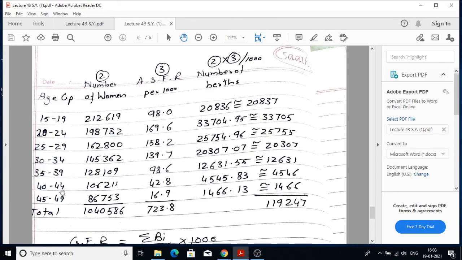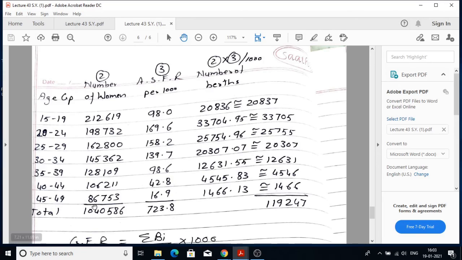Next age group 40 to 44. Number of women values are 1,06,211 and ASFR value per 1000 is given as 42.8. So 1,06,211 into 42.8, the value becomes 4545.83. So approximately we can take it as 4546.